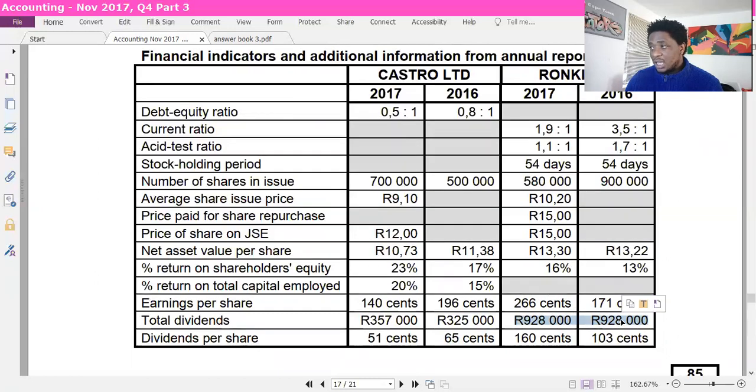So in the other year, he would have probably got somewhere around 310,000 of this dividend, but now he's probably getting around 460,000 of this dividend because he is now a bigger shareholder in the company. And then the dividends per share went from 103 cents to 160 cents per share. So that's been the benefit of having fewer shares in issue. And so now there are fewer shareholders sharing the pie. So that's how he has benefited.